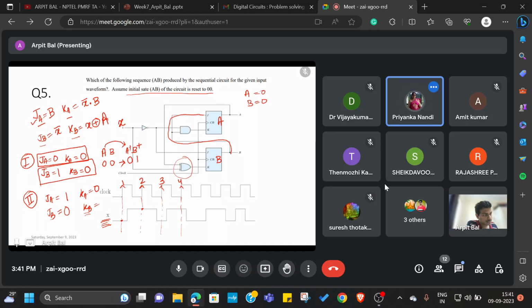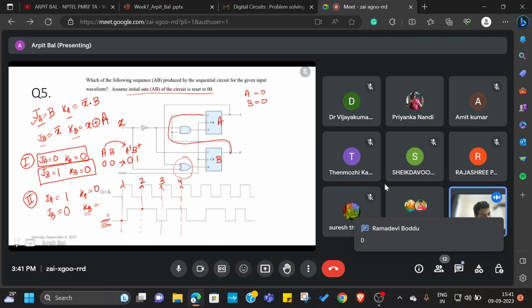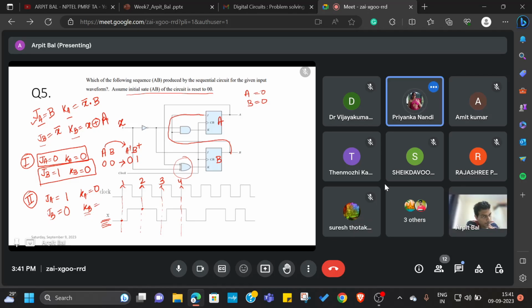KB equals to 1 XOR A. And what is the value of A? It was 0. Correct. So 1 XOR 0 is 1. So JB KB is 0, 1.